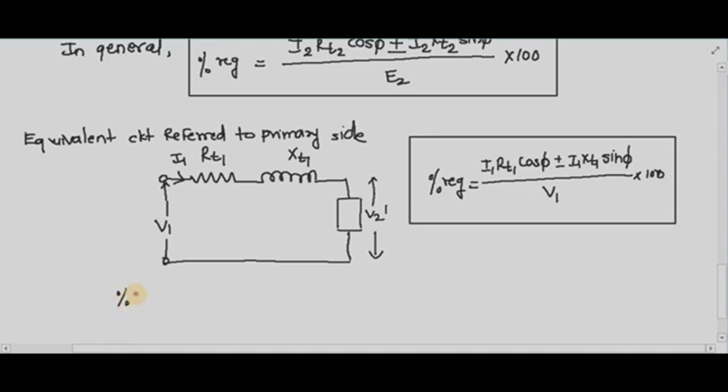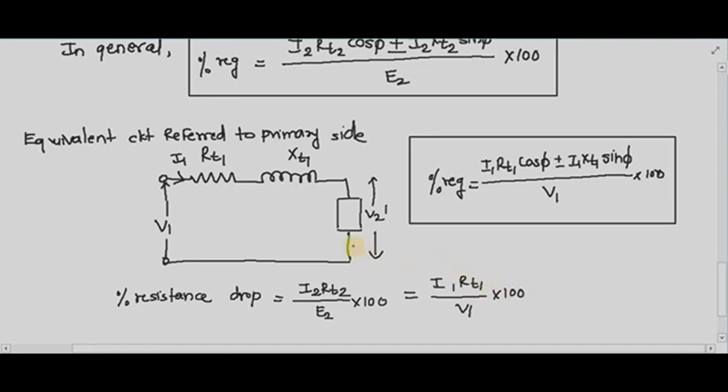So the percentage resistance drop equals I2 RT2 upon E2 into 100, which is again equal to I1 RT1 upon V1 into 100.